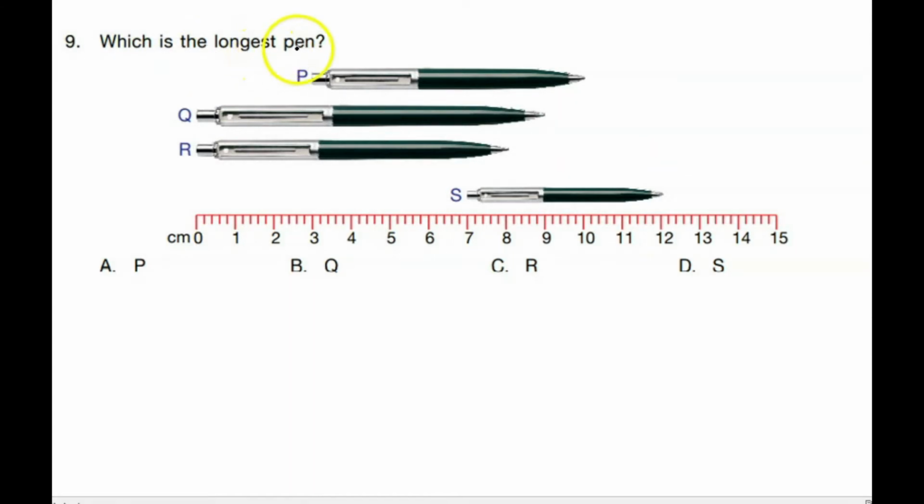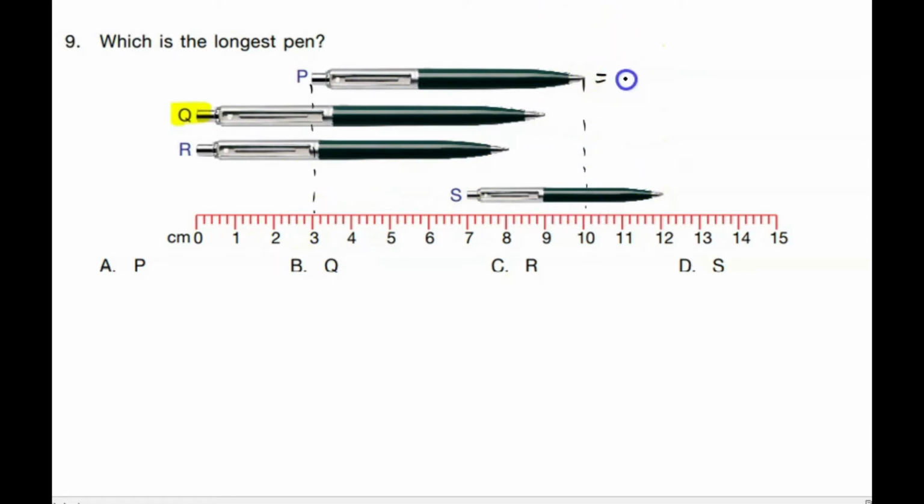Which is the longest pin? So if you observe, I think Q is the longest pin, right? Now, what we need to do, let's write their measurement, their length, because we have a scale. So P is starting from 3 and it ends at 10.